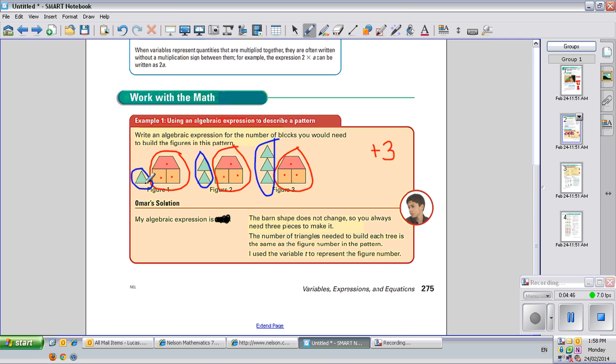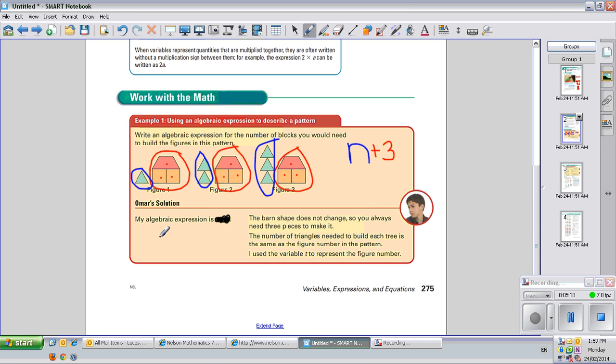So figure 1 has 1 block, figure 2 has 2 blocks, figure 3 has 3 blocks. So we will have n plus 3, where n is the changing amount of blocks. And the plus 3 is the 3 extra blocks that the question has.